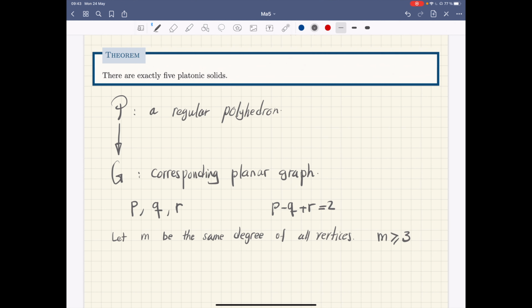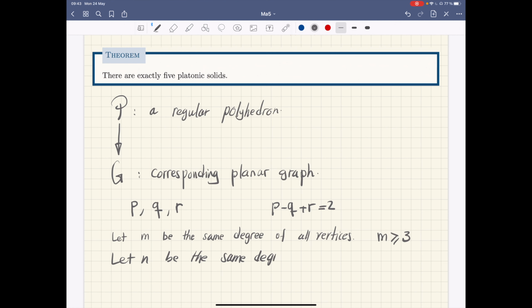Another thing that I want you to understand is, do you think the degree of regions should also be the same? The degree of regions should also be the same because somehow they are the projection of the same polygon.